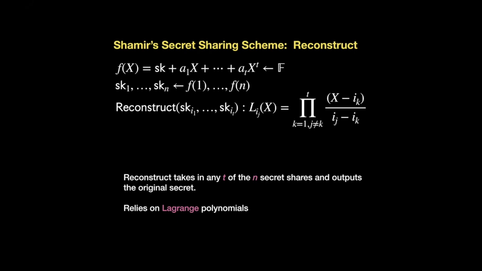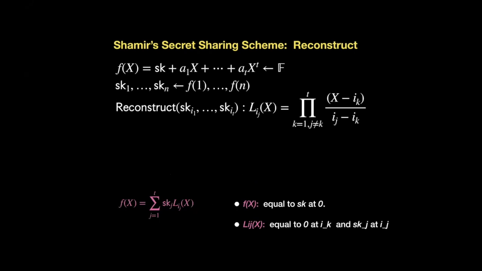Now that we have these Lagrange polynomials, we can reconstruct our original polynomial f of x. If we take our secrets and multiply each of them by the corresponding Lagrange polynomial, this is going to reform our original polynomial, because if you have t points, then f of x is going to evaluate to the correct thing at those t points, because that's how it's defined.